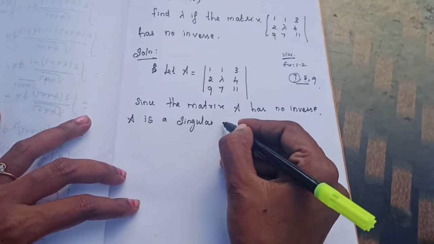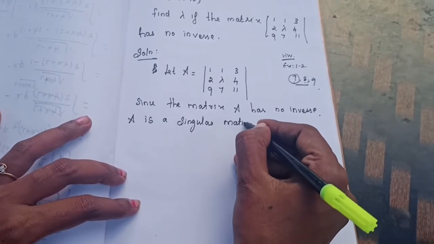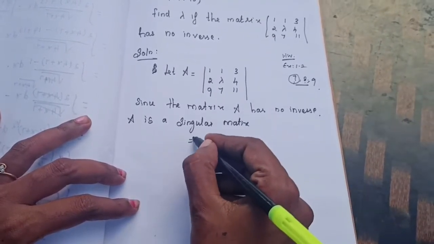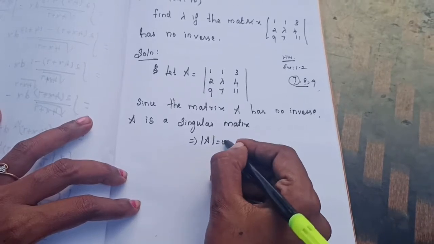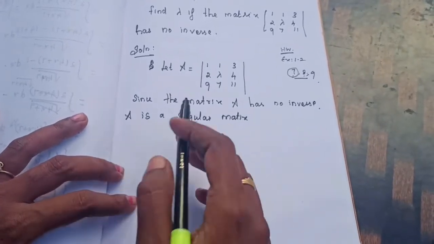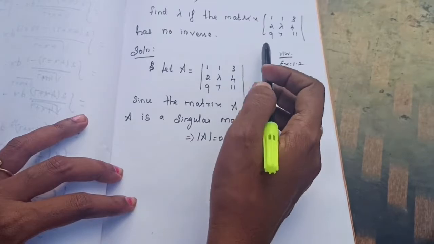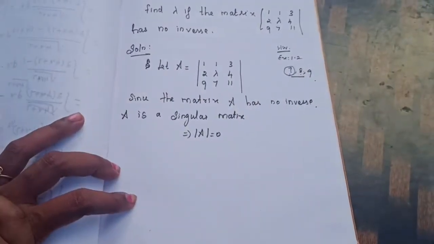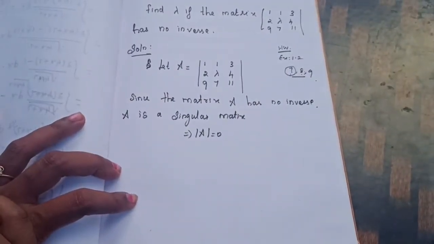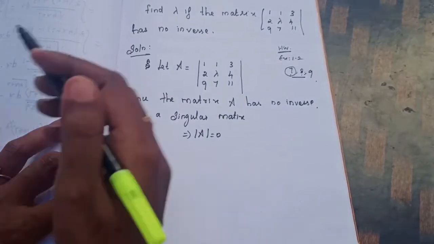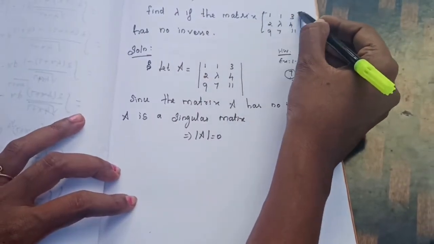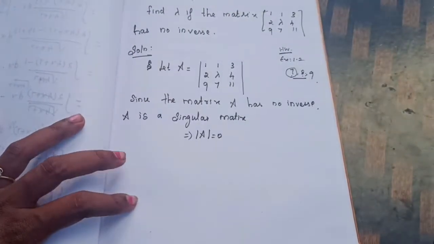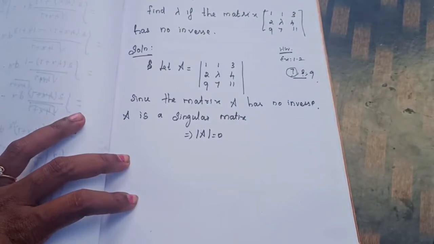So here A is a singular matrix. Therefore the determinant of A must be equal to 0. We need to find lambda if the matrix has no inverse. If the given matrix has no inverse, it is a singular matrix, and the determinant of A is equal to 0.